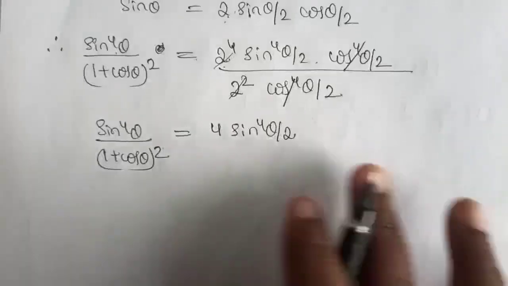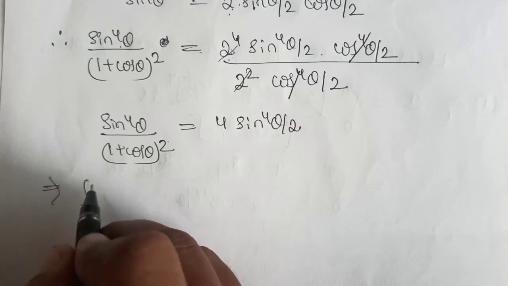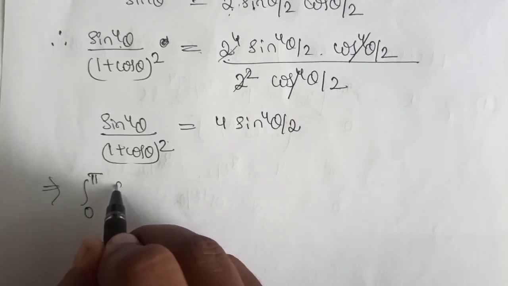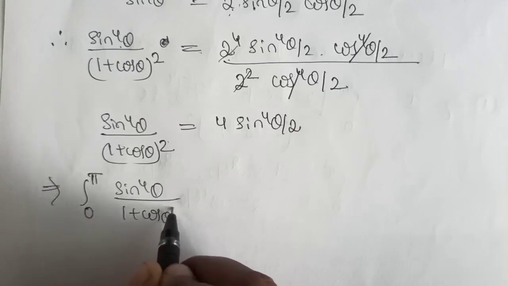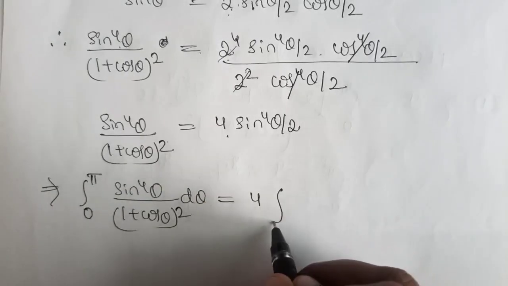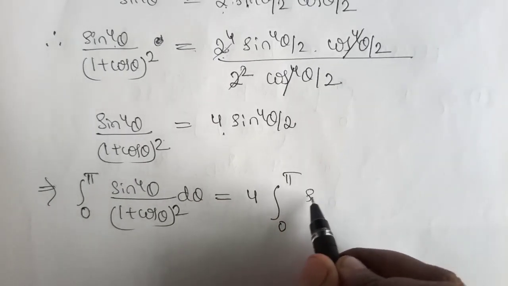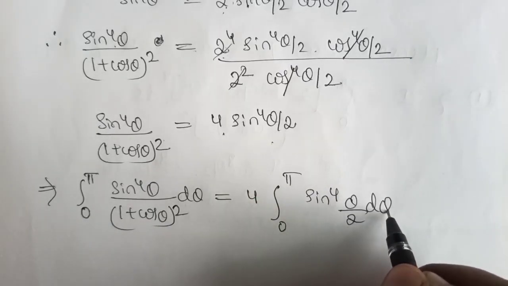Taking the integral with limits 0 to pi, integral 0 to pi sin power 4 theta divided by (1 plus cos theta) whole square d theta can be written as 4 taken outside, integral 0 to pi sin power 4 theta by 2 d theta.